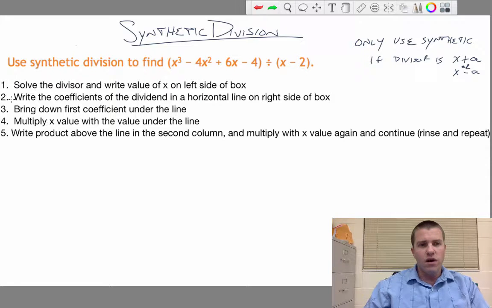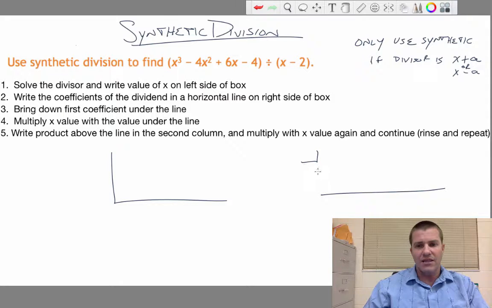The first problem. The first step is to solve the divisor and write the value of that x on the left side of the box. And what I mean by the box, I do a box like this. Sometimes you'll see, and your book does it like this. I'll show you both ways, the same thing though.